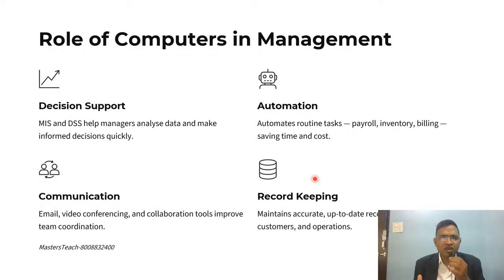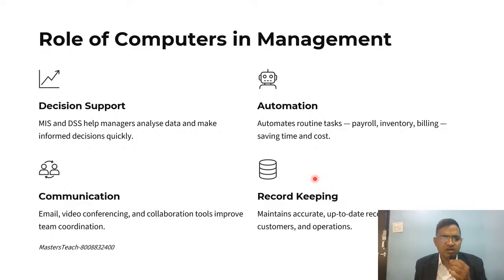Then the role of computers in management. Okay, in MBA, why do we require it? In order to take decisions, like in order to prepare MIS, management information systems. Okay, you have to manage data. Then automation. You have to pay the salaries or wages, and you can also come to know the inventory, stock, billing, which saves your time by automation.